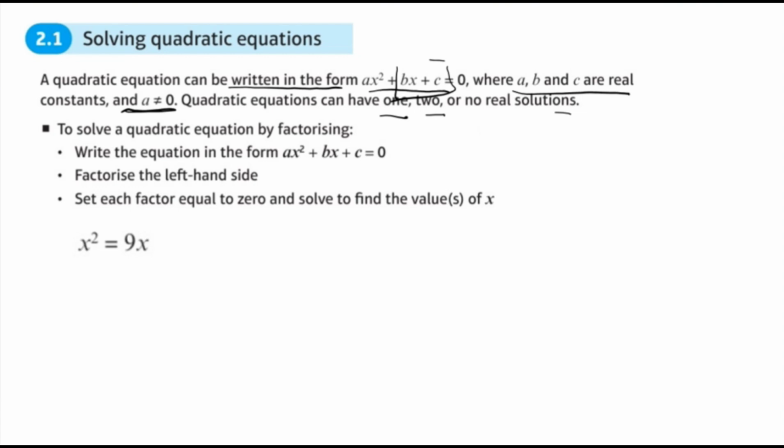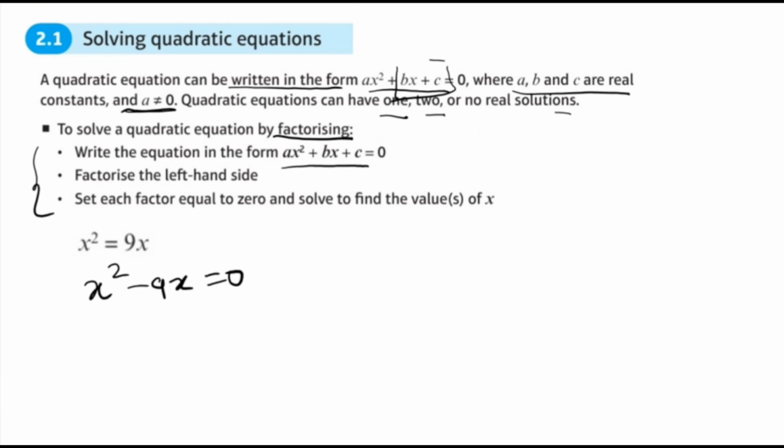Now to solve quadratic equations, we use many different methods. The first method we are going to use is the factorizing method. We will do this using these 3 steps. First step, write the equation in the form ax squared plus bx plus c equals 0. So x squared minus 9x equals 0.